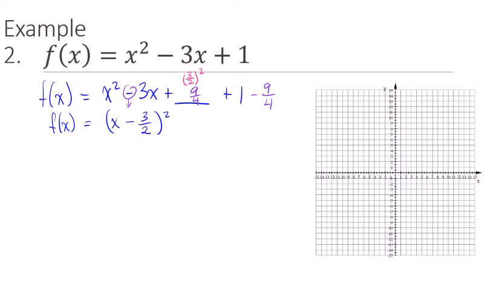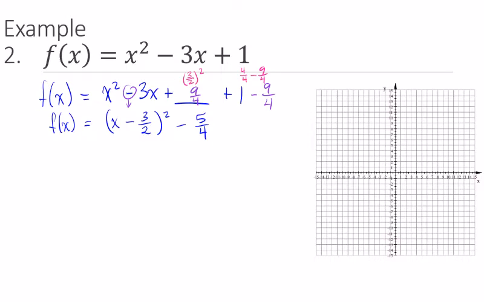All right, and then I'm just going to do 1 minus 9/4, so that'd be 4/4 minus 9/4, which would be negative 5/4, right? And just to show the work there, that would be 4, right? All right, so now we have everything we need to graph.